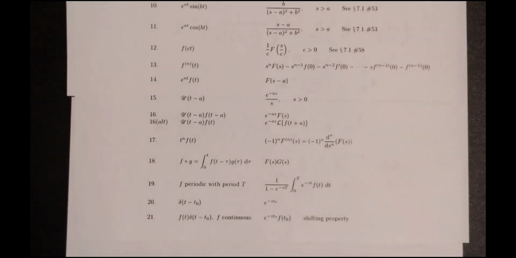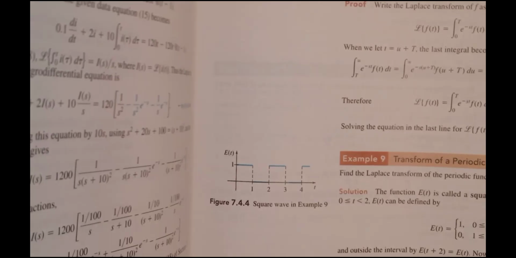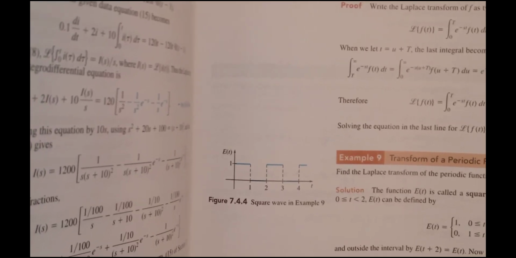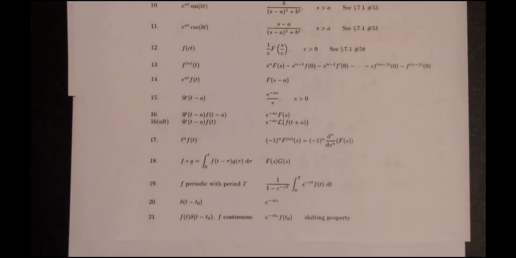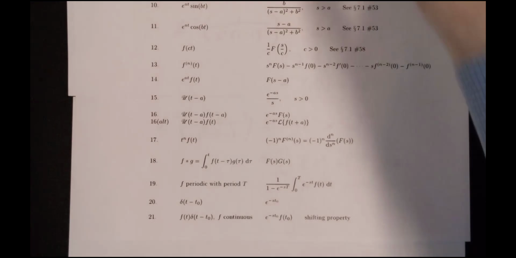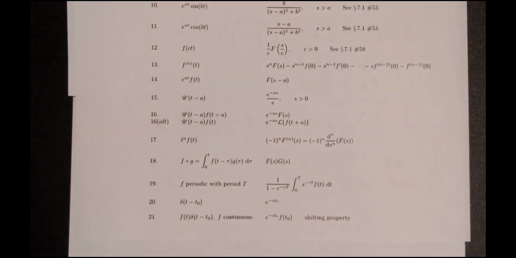Things like this, a square wave. It's a signal that goes on, off, on, off, on, off. Gee, I don't know anything that does that. You listen to fire alarms. I want to be able to do this sort of transformation. But again, I can go through an example.